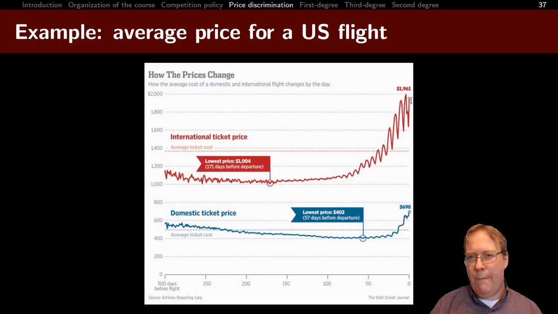If you book a ticket 1 or 2 weeks in advance, then you really pay a huge amount of money. Apparently, the airline company figures, well, if you definitely want to travel tomorrow, then probably you're either very desperate or you're a businessman, and prices don't really matter to you. So we can charge you a much higher price. And patterns like this, you can see in many other industries as well, of course.